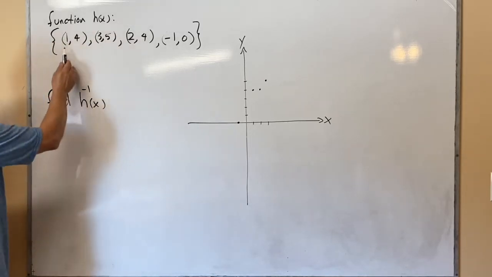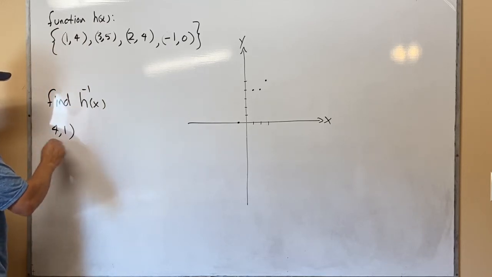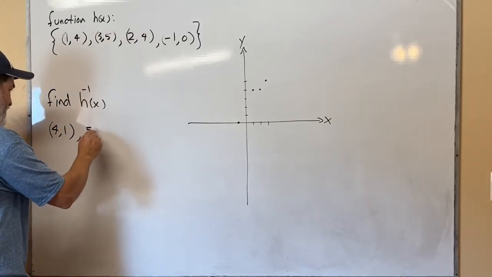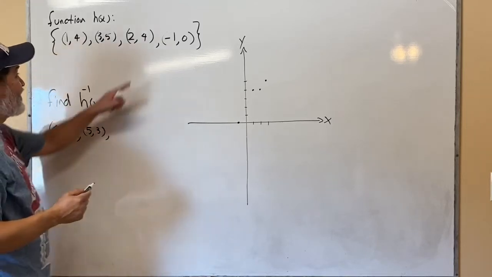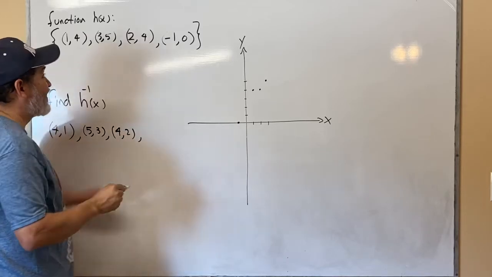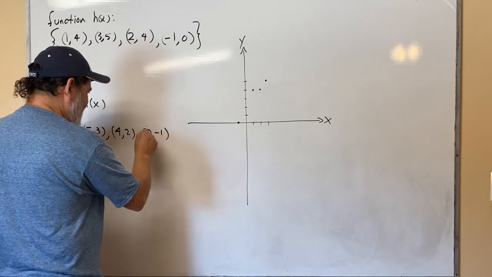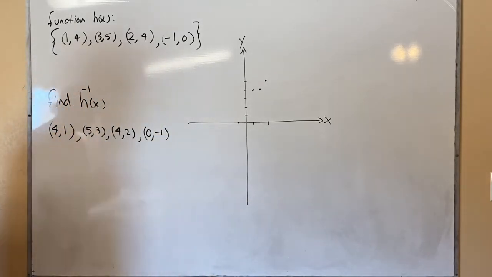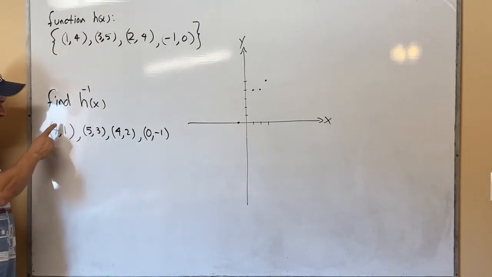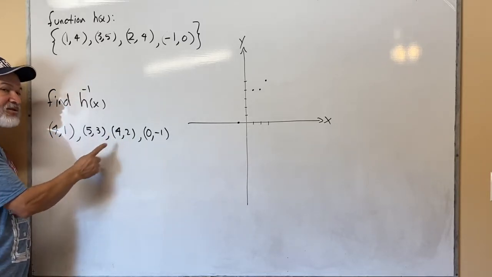Interchange. 4, 1. 5, 3. 4, 2. 0, -1. Okay, that's the inverse. And look, for the inverse, 4 is paired with 1, and 4 is paired with 2.